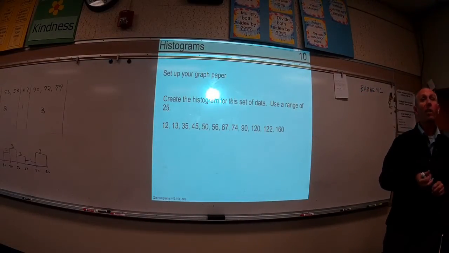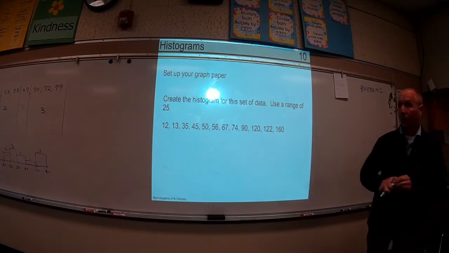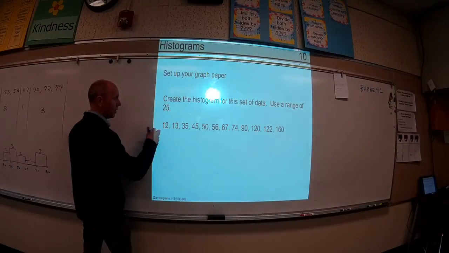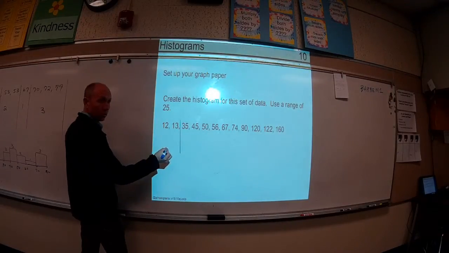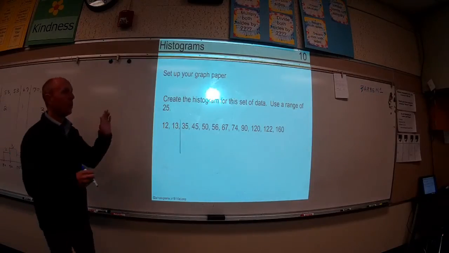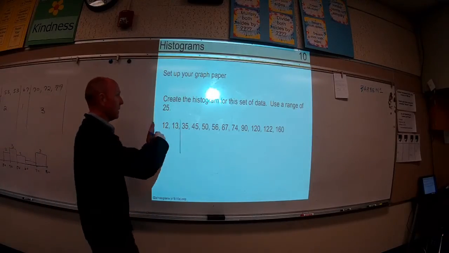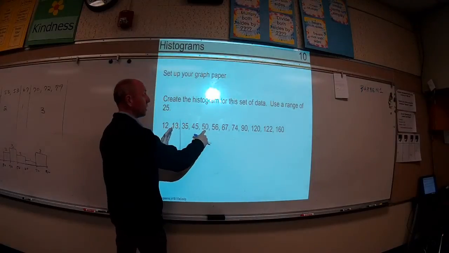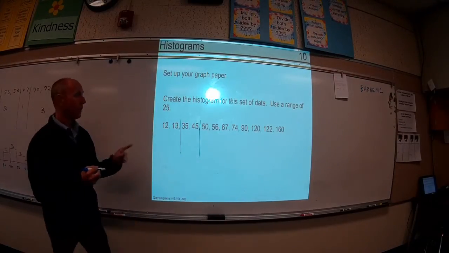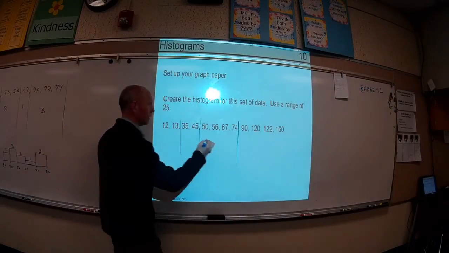We're going to use a range of 25 this time. So I'm going to come right here. Ready? 0 to 25. How tall is that going to be? 2. 25 to 50: 2, because it really doesn't include that 50. It's 49.9. 2. 50 to 75.